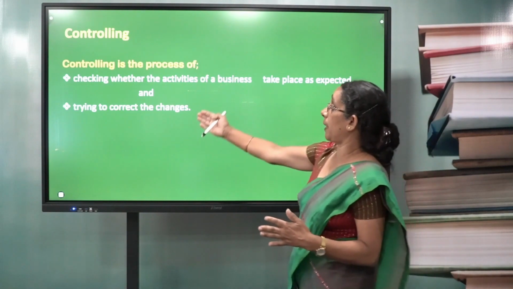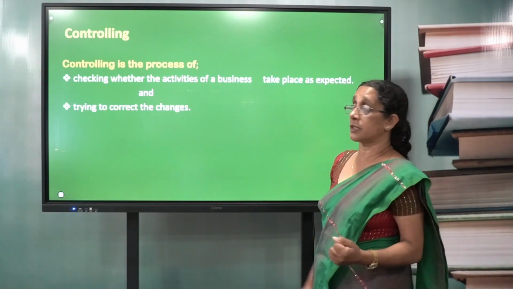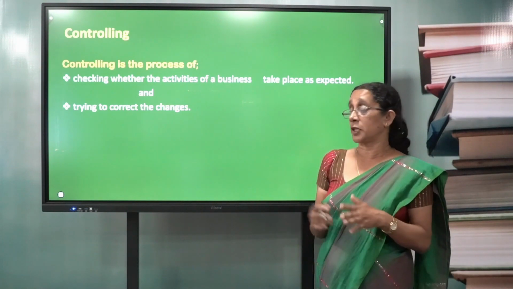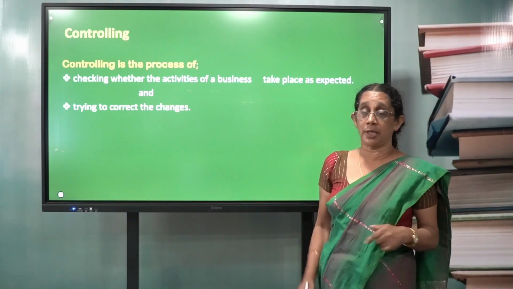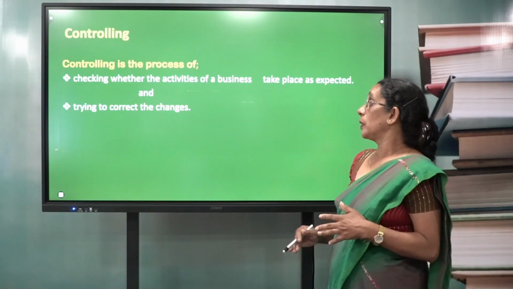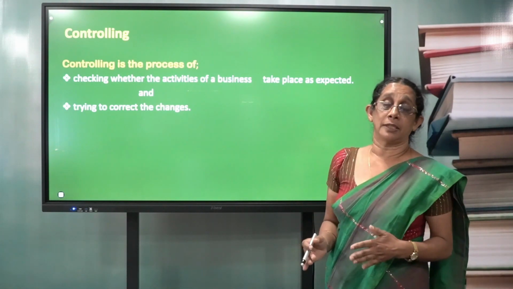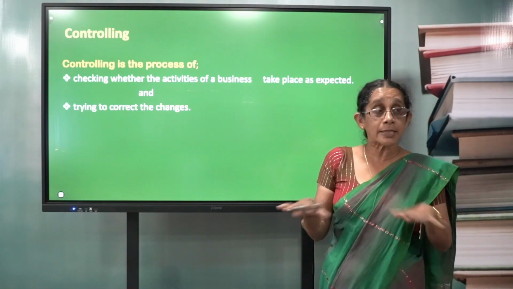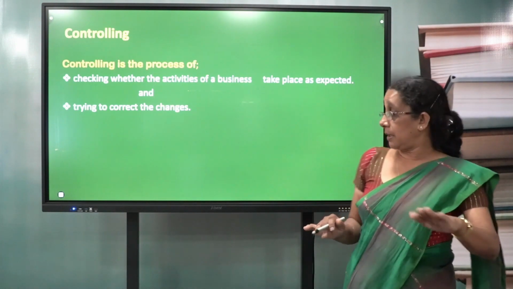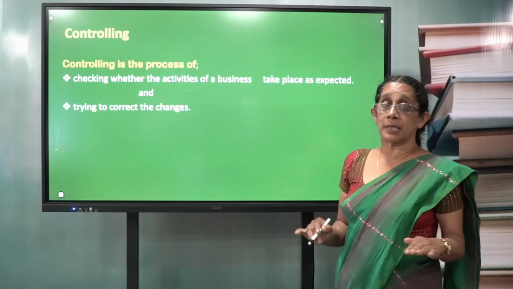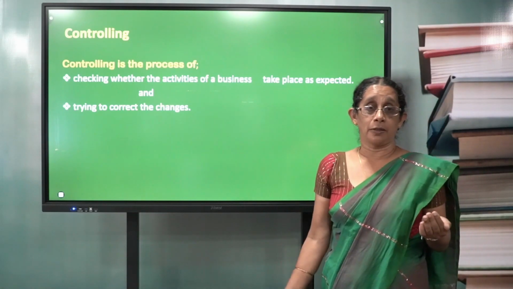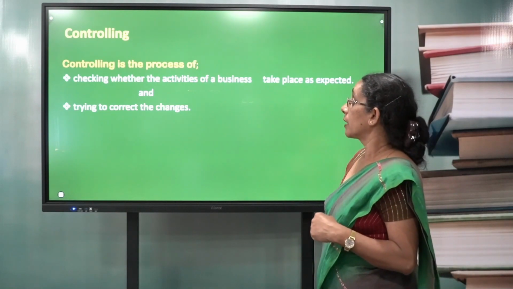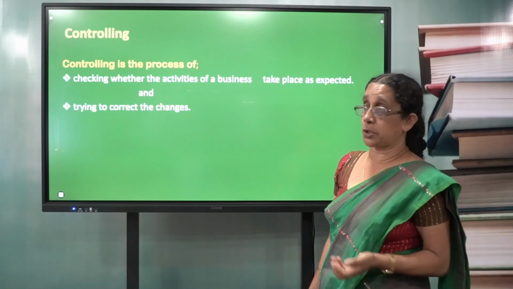Then the controlling part. In a business organization, I told you that they have to see whether the expected results are achieved. In a school also, the principal, other teachers and sectional heads can supervise the activities and see whether the teaching learning process is done as expected. If that is not taking place, they can take corrective actions.